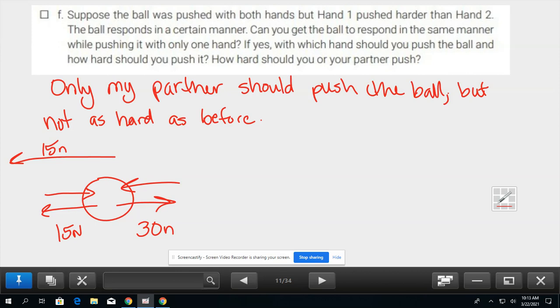If I still want to get the ball to move in this direction with 15 newtons of force, I can apply 15 newtons of force here, and my partner doesn't push on it at all, doesn't apply any force. And the ball is still going to go in that direction. I just have to apply less force on both sides.